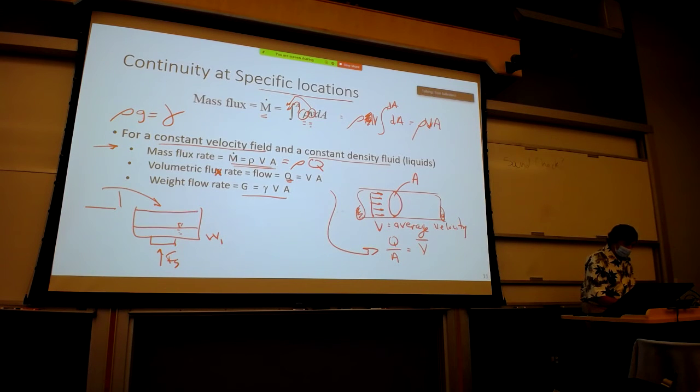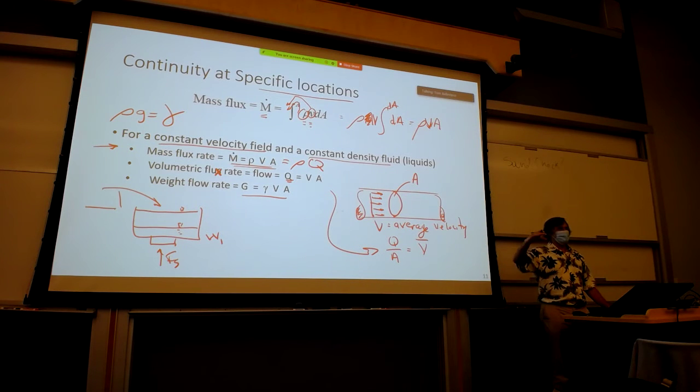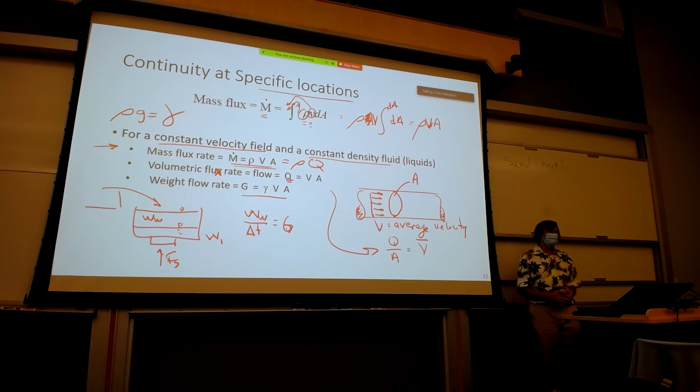And then we put a weight on the scale, and we measured the time it took for the scale to equal that weight of water. And so we took that weight of water and divided it by the time, and that gave us a weight flow rate. That's what we did in the first lab.